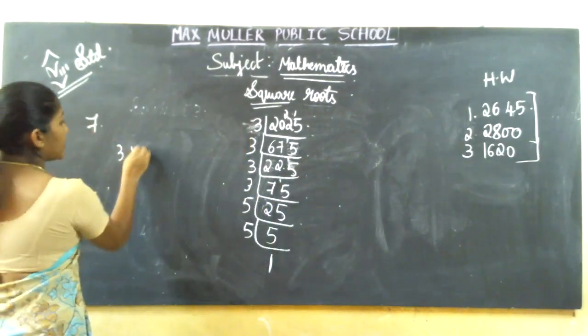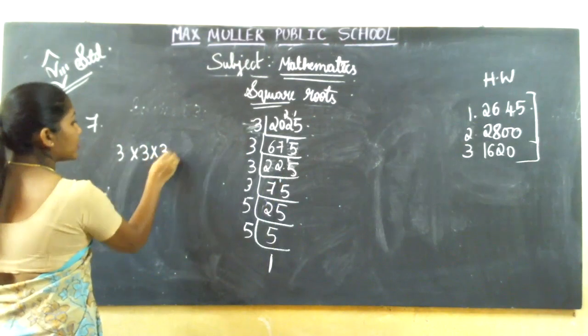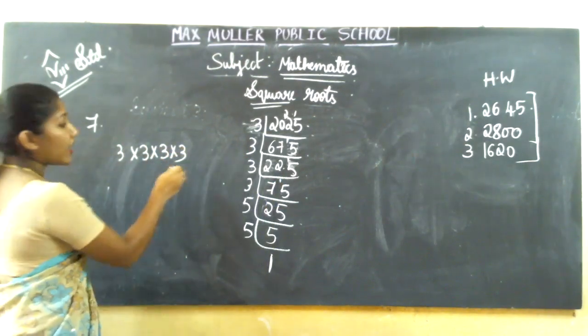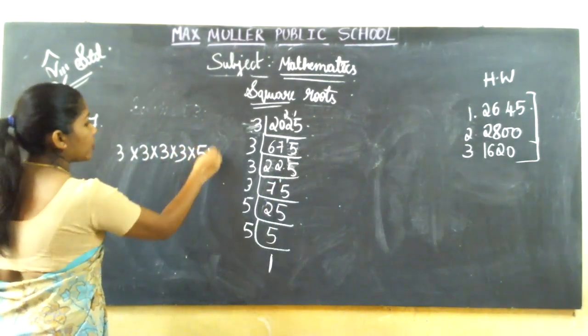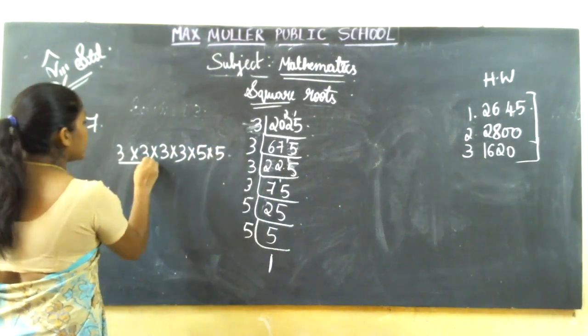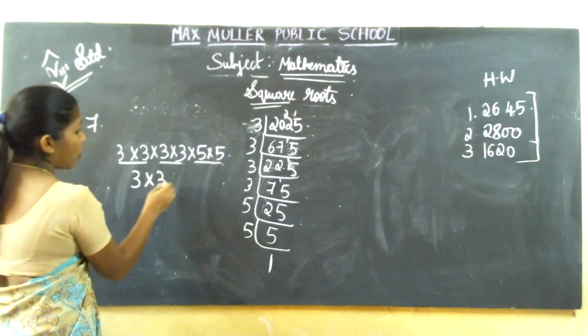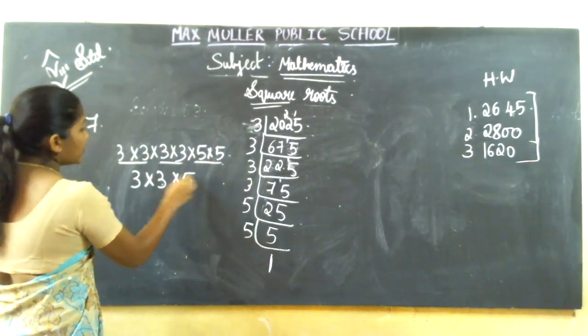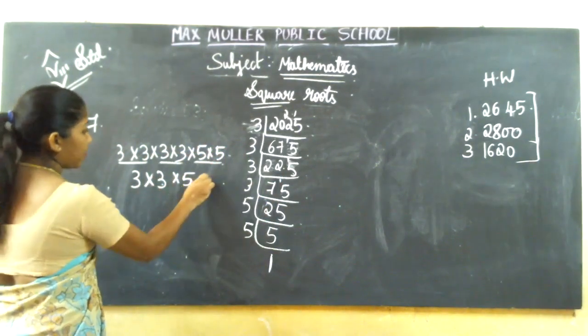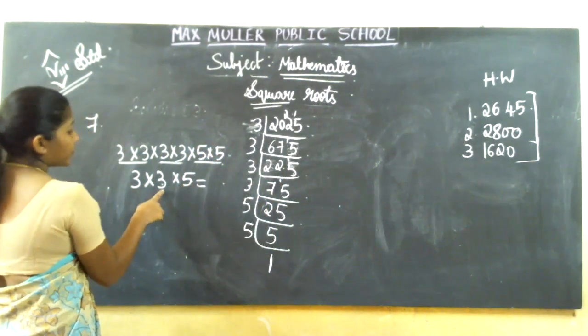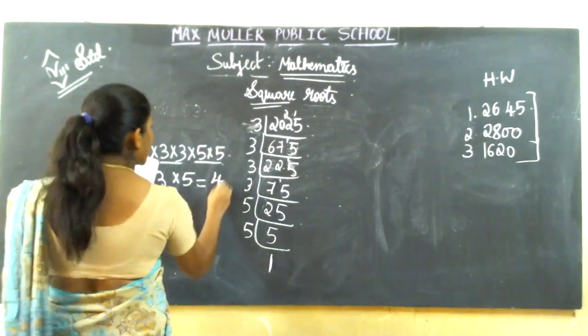Now 3 cross 3 into 3 cross 3, into 5 cross 5. So here 3, 3, 5. So you have paired, you got all the pair numbers. So 3 cross 3 cross 5, if you do, 5 3s are 15, 15 3s are 45.